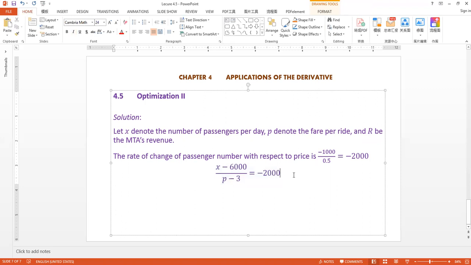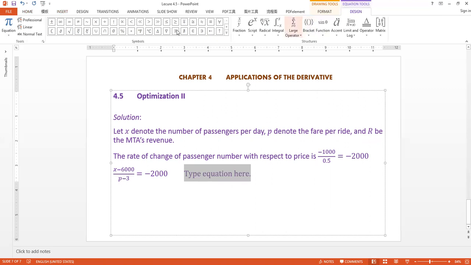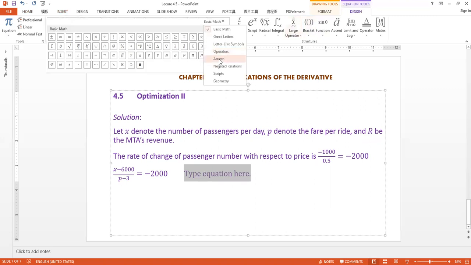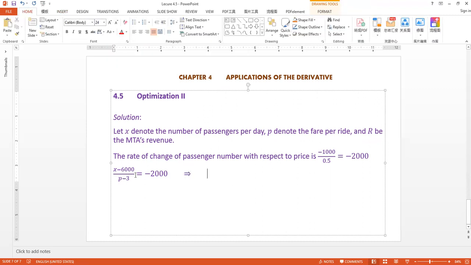Okay, from that, we can set up an equation. We can simplify this equation to obtain what? So let's see.